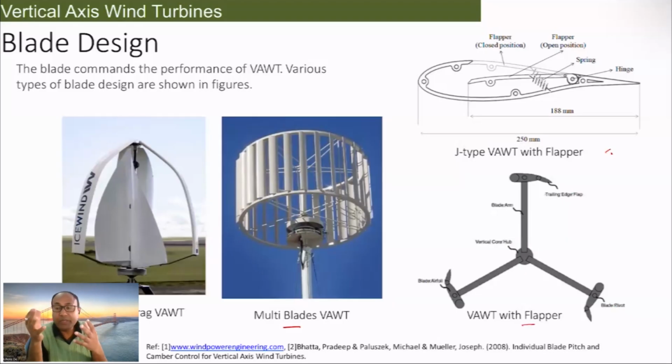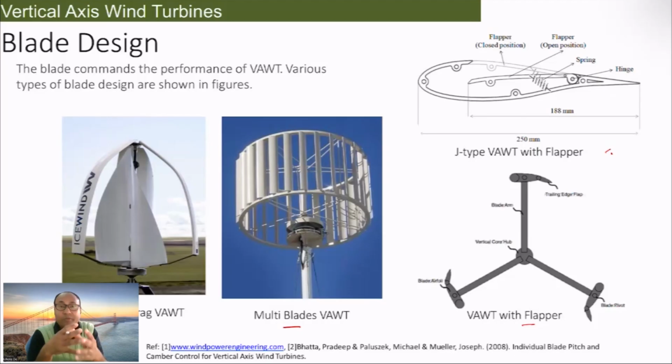All these different mechanisms and designs try to improve the performance parameters. When you talk about performance, essentially you try to maximize your power. That's the final objective, and that's why you come up with different kinds of sometimes active, sometimes passive mechanisms.